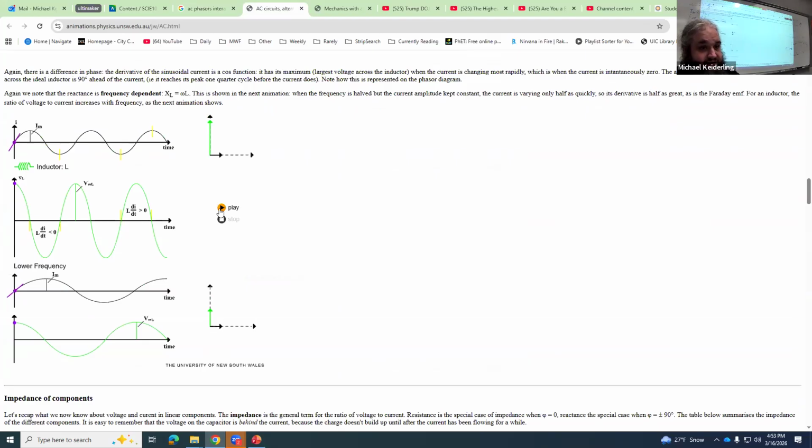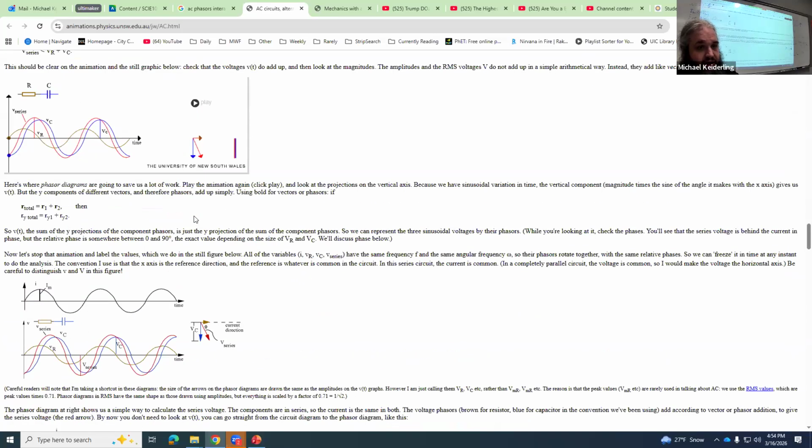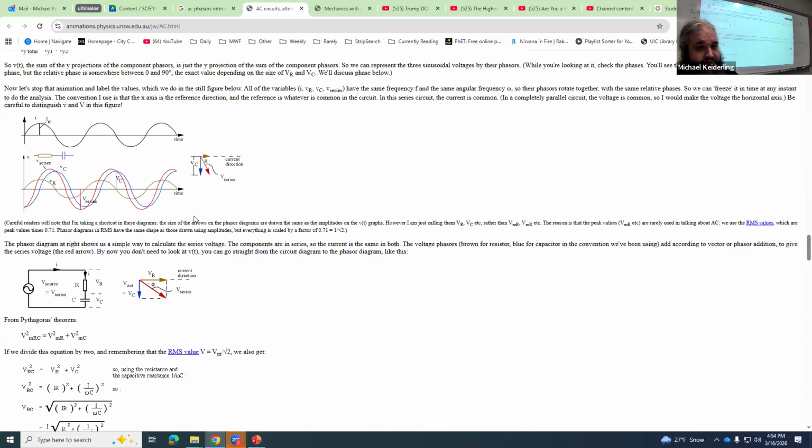So here we have an inductor, and you can see the voltage leads the current by 90 degrees. And here we have, at a lower frequency, you can see it's a smaller voltage, which is the opposite of a capacitor.